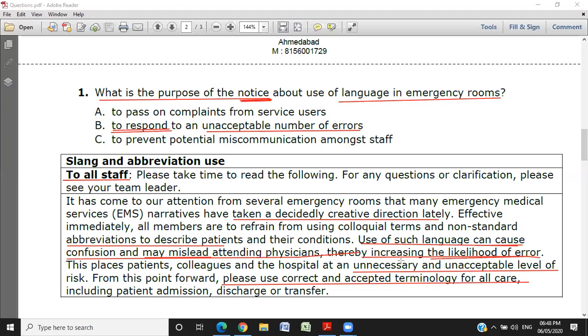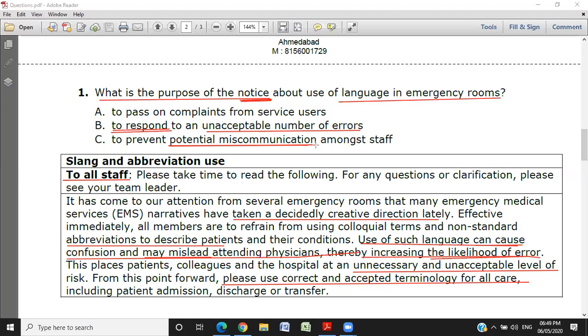So why is it written? It is written to tell them what may happen because of using colloquial language. It is not happening already, but it could happen. So that is why: to prevent potential miscommunication. Potential means something which can happen, something which may probably happen in the future.